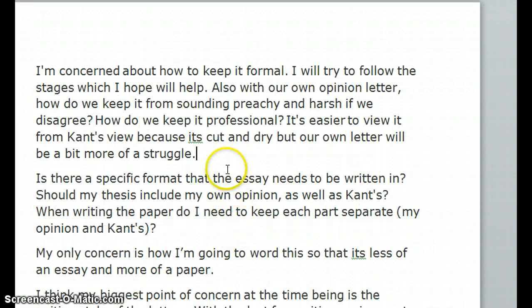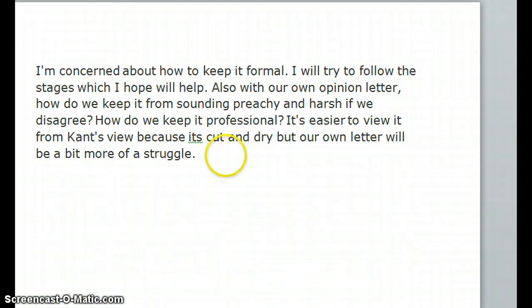Okay, so this next comment says, I'm concerned about how to keep it formal. Also, with our own opinion letter, how do we keep it from sounding preachy and harsh if we disagree? I think that in part connects to the question I just addressed. Again, things like qualifying your claim. This is something you can look up in your book if you want, or even just Google it: how do you qualify a claim?